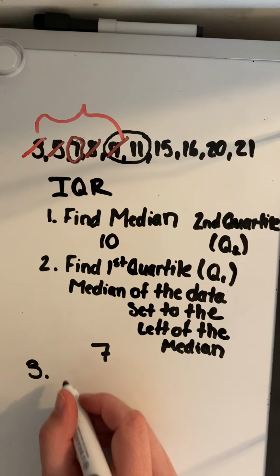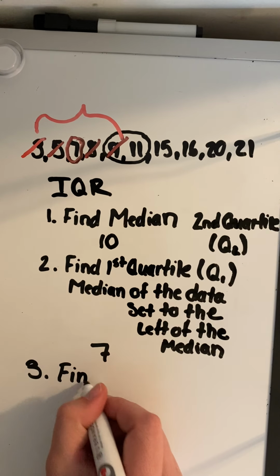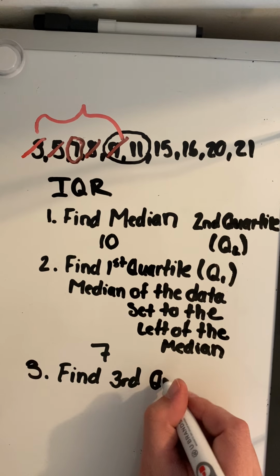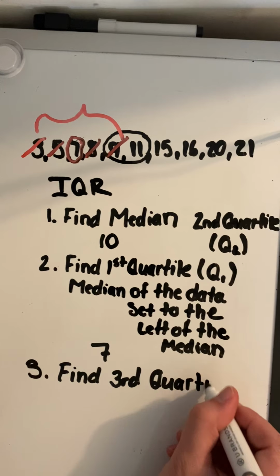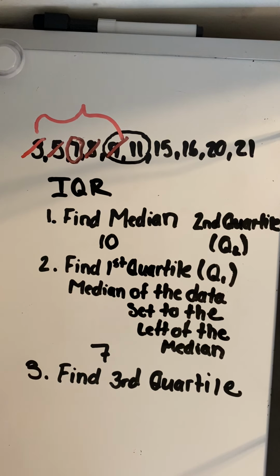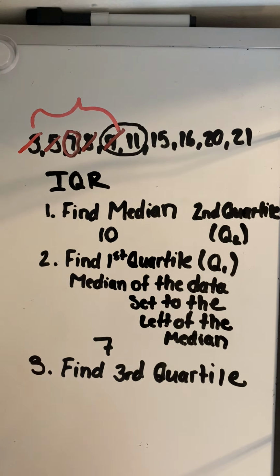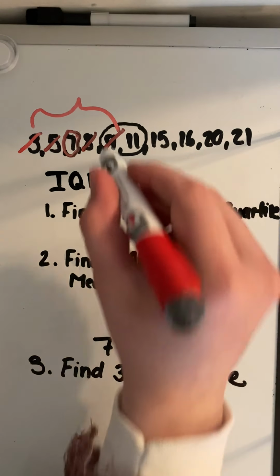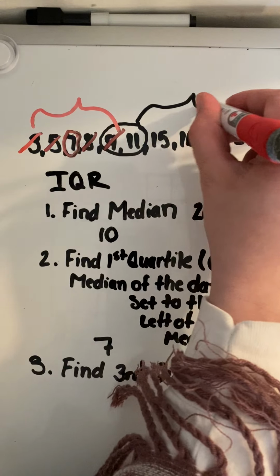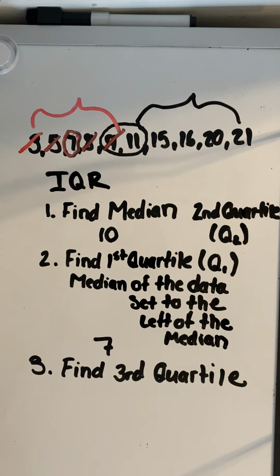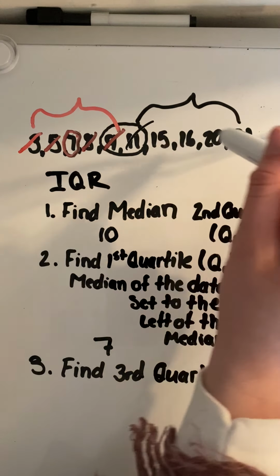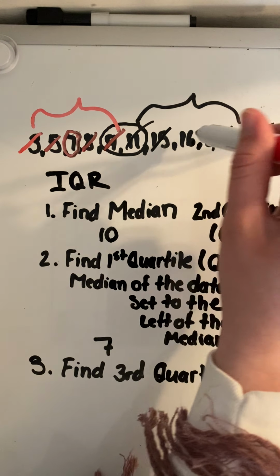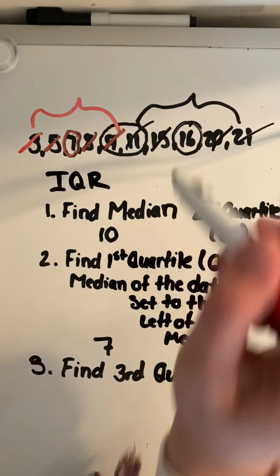Third step is we're going to find the third quartile. And it's similar to finding the first quartile, but instead we're going to look at the data points to the right. So we're going to look at these points over here. And we're going to cross off again. So 11 and 21, 15 and 20, and we're left with 16.